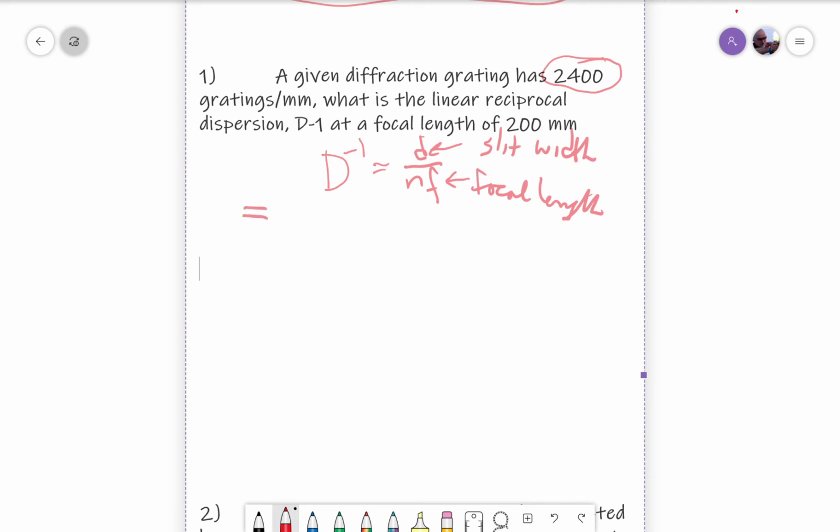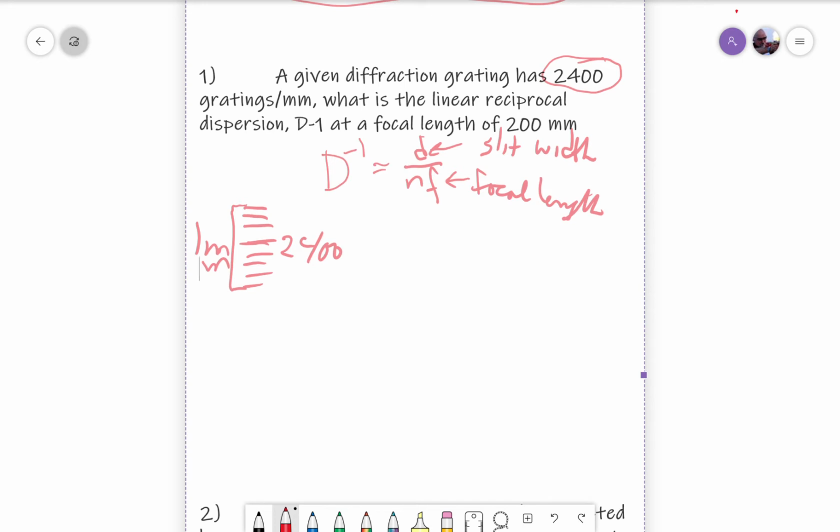This problem gives us a definition that says that 1 millimeter contains 2,400 slits or gratings.